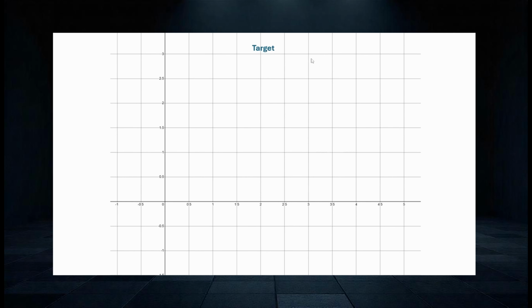Let's assume that our target is here at Cartesian position 2 and 3, relative to the origin. This vector has x and y components, which in turn tell us how far and in one direction is the target from the origin. Now let's assume that our player is at position 3 and 1 relative to the origin.